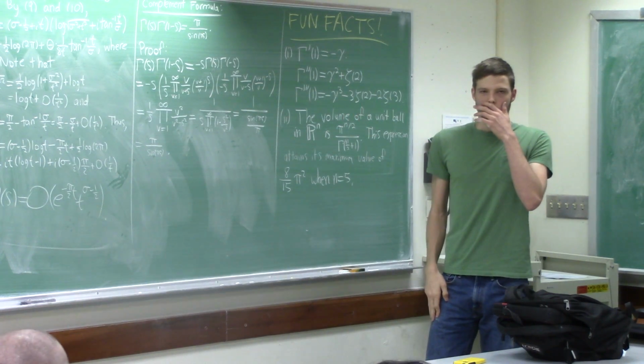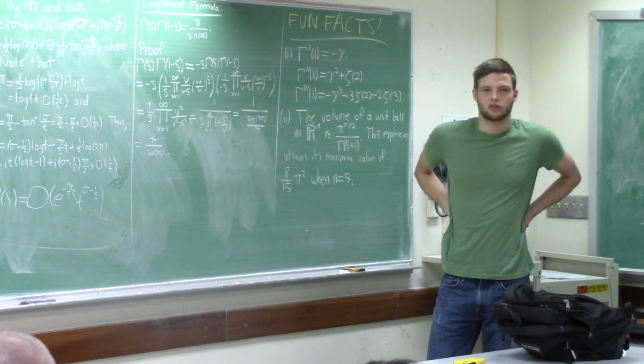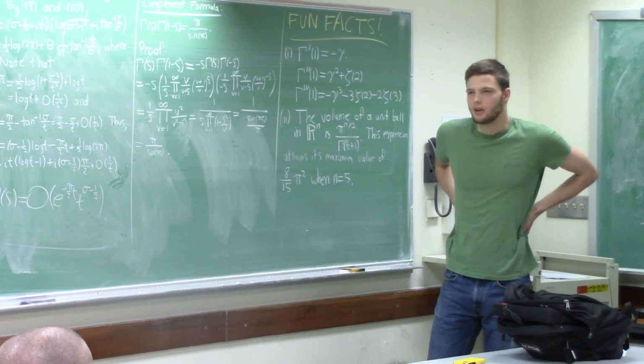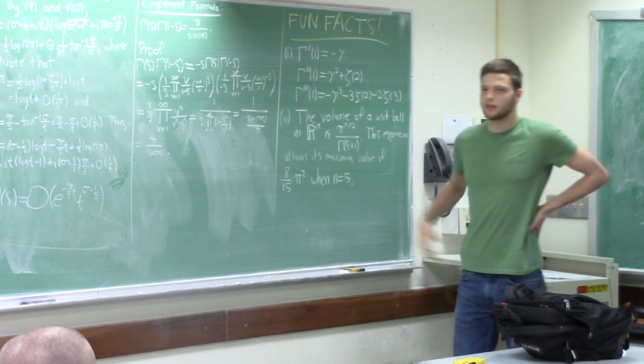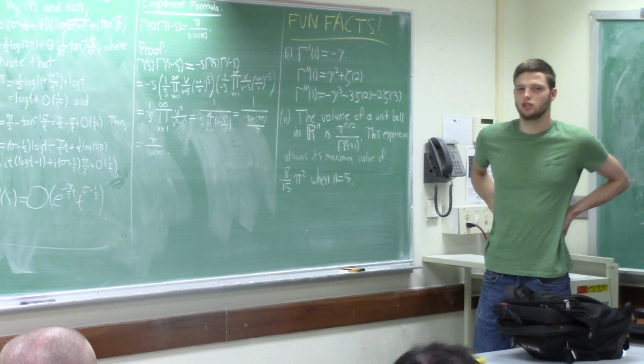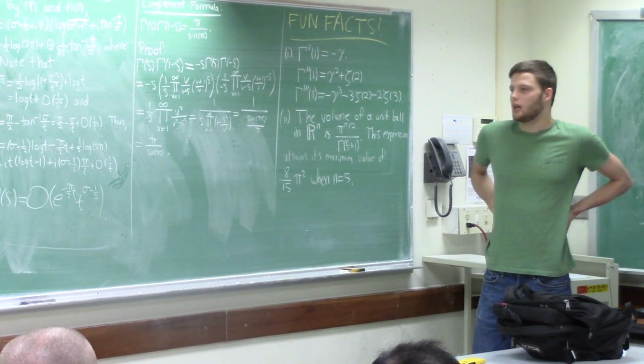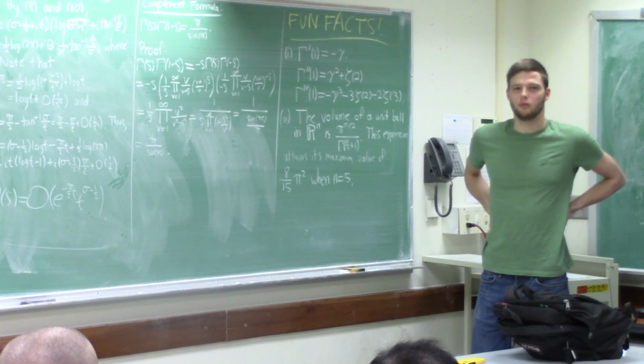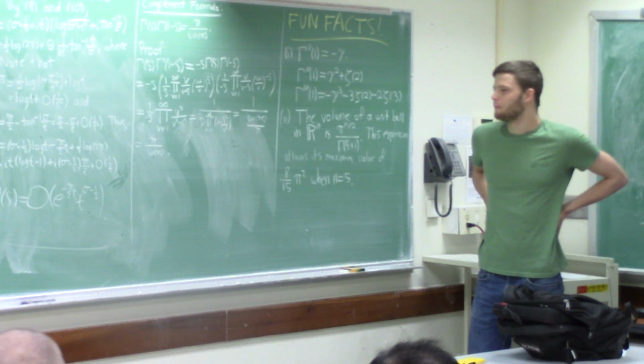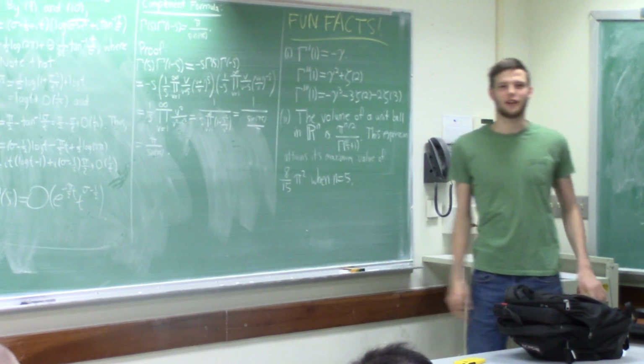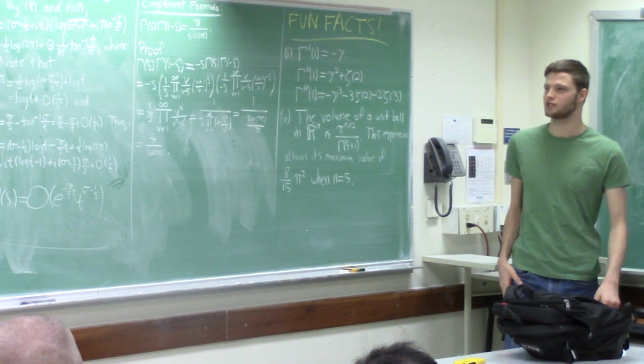So if anyone ever asks you what is so special about the number 5, you can say it is the dimension of Euclidean n-space in which the volume of a unit ball attains its largest numerical value. Yeah. So, that's all I had to say about the gamma function.